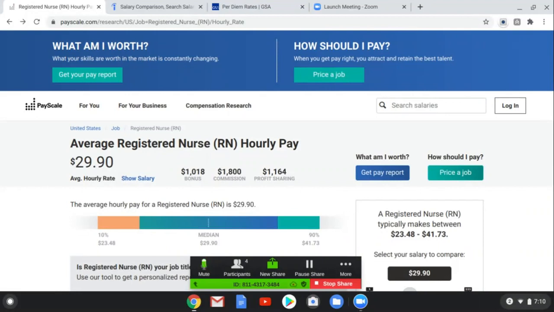Is this enough to cover all of my expenses as an operation, meaning your insurances, your state unemployment taxes, your workers' compensation, if you have an office space, computer systems, or scheduling systems? That's something you want to factor in when you finalize your bill rate. Is this going to cover everything, and if it does, what's left over?